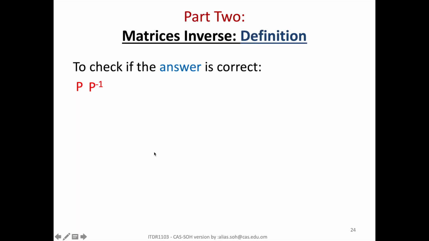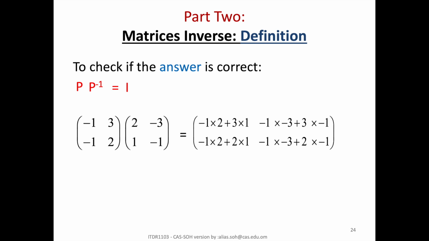Now to make sure that our answer is correct, we can multiply the matrix with its inverse. So P times P inverse, and we should expect the result to be the identity matrix. Multiplying the matrix by its inverse, we take the row and multiply by a full column, and then we get the first entry.